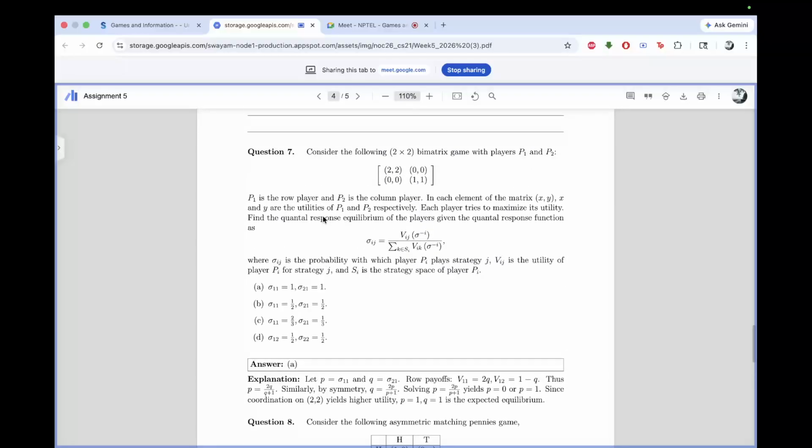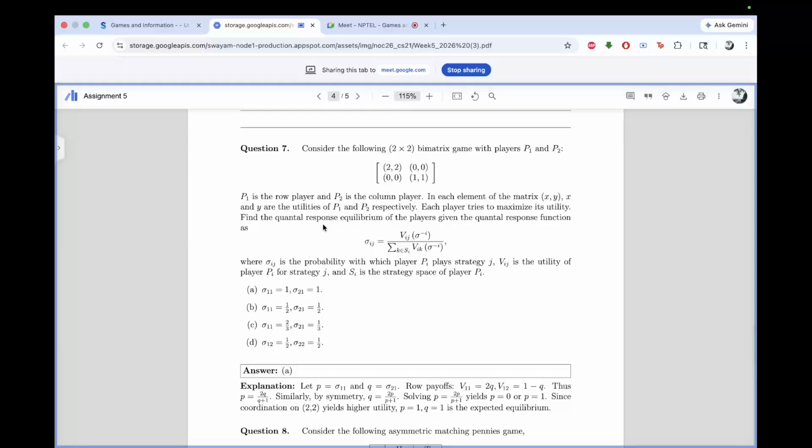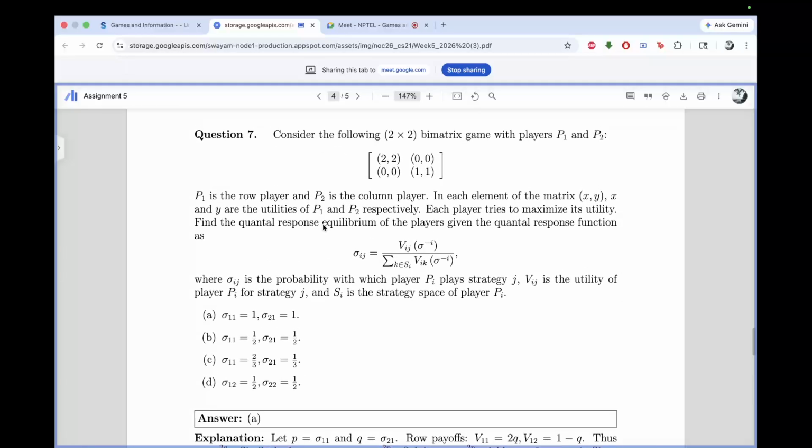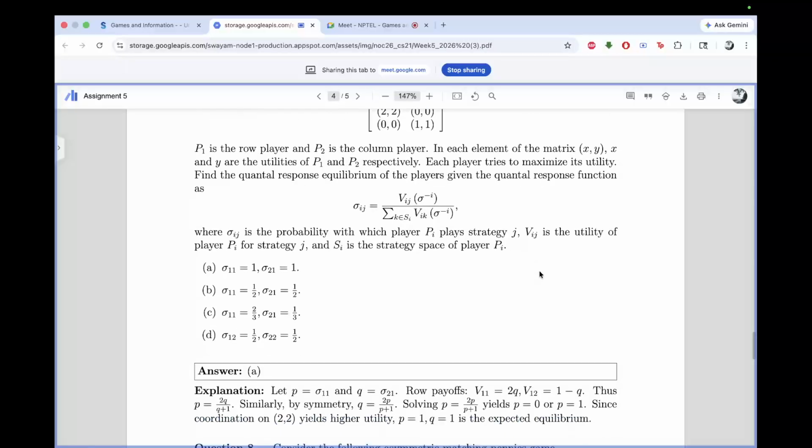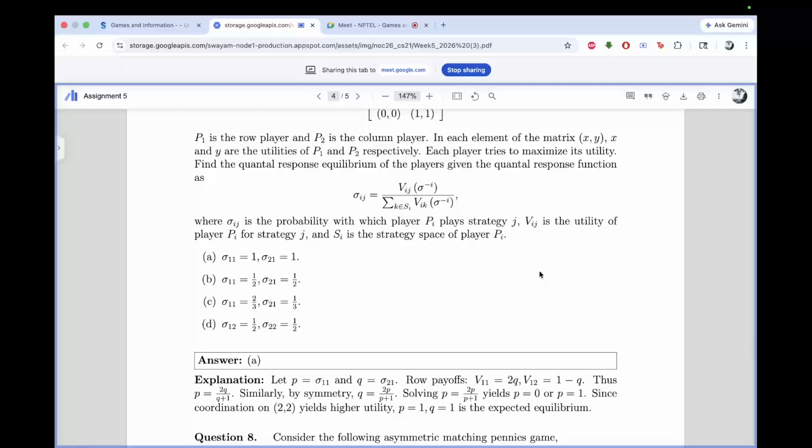So for example, something like this. You're given a game and you're asked, given some quantal response function, to find these Vij type of utilities. That is basically solving for the expected utilities of the other players.